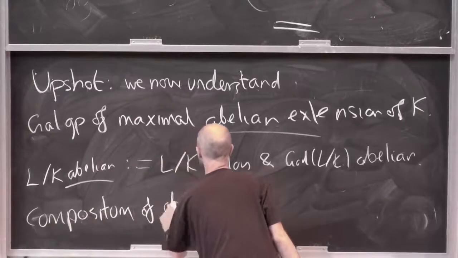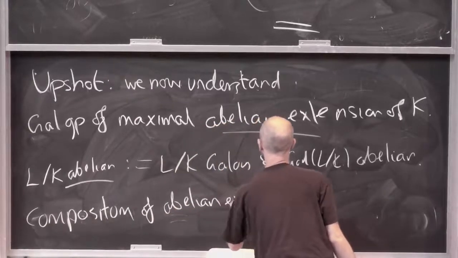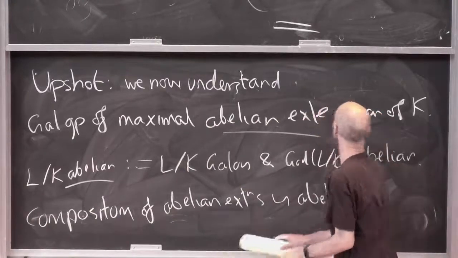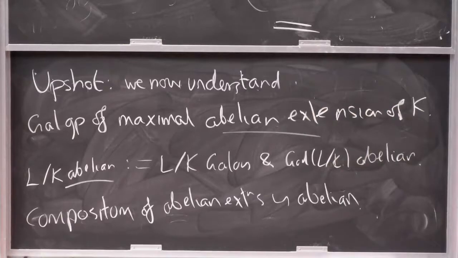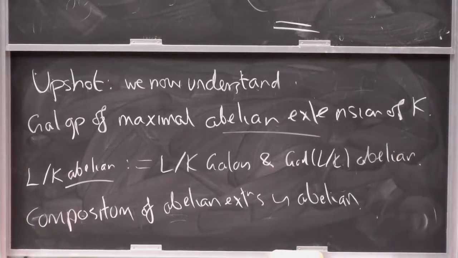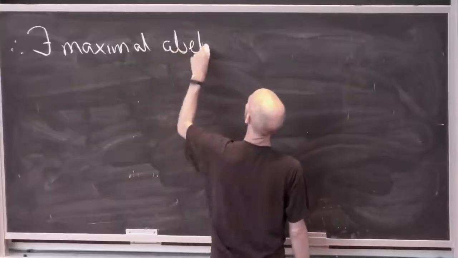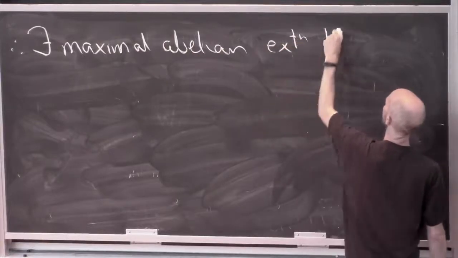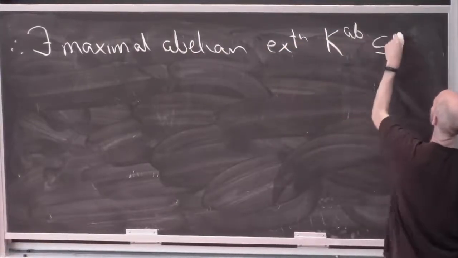And so therefore there's a maximal abelian extension K ab living in K bar.